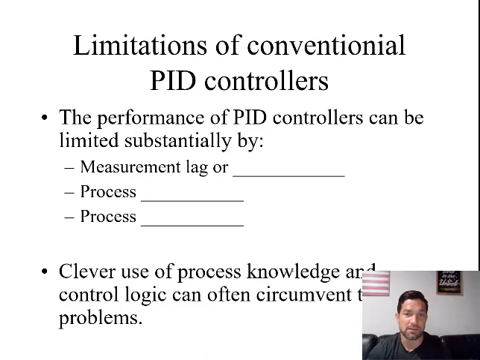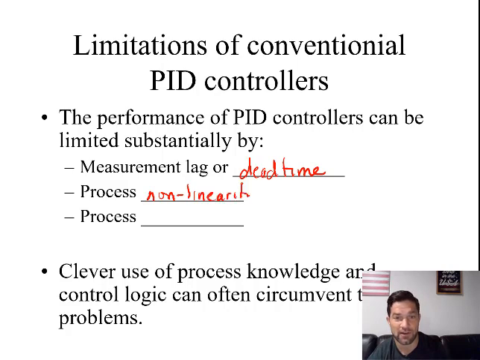All right, so first, there are various limitations to PID controllers, and some of the performance can be limited substantially by measurement lag or dead time. Other ways processes can be limited are based on nonlinearity.